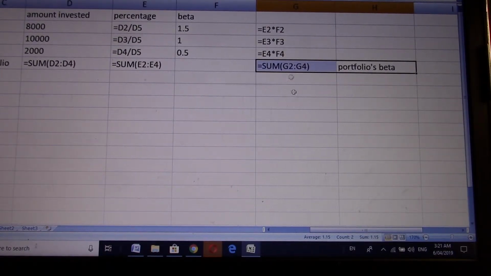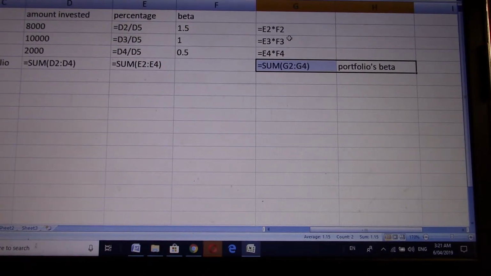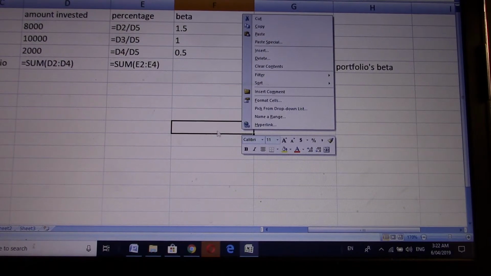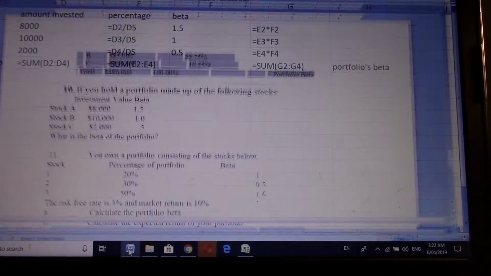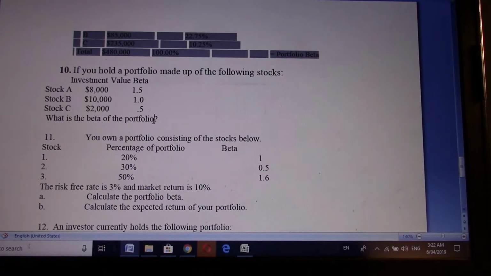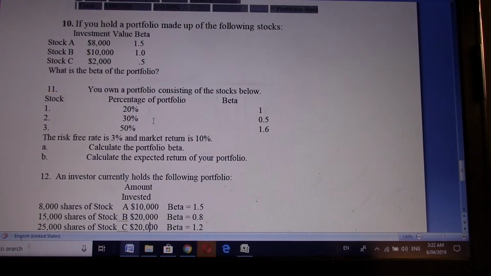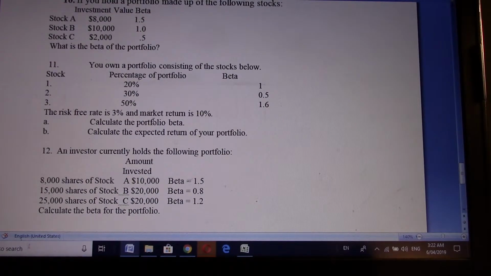Portfolio's beta is just, you do the calculation for percentage multiplied by beta for each stock, and you add it up. That's your portfolio's beta. It's the weighted average of beta. Okay, so this is question number 10.